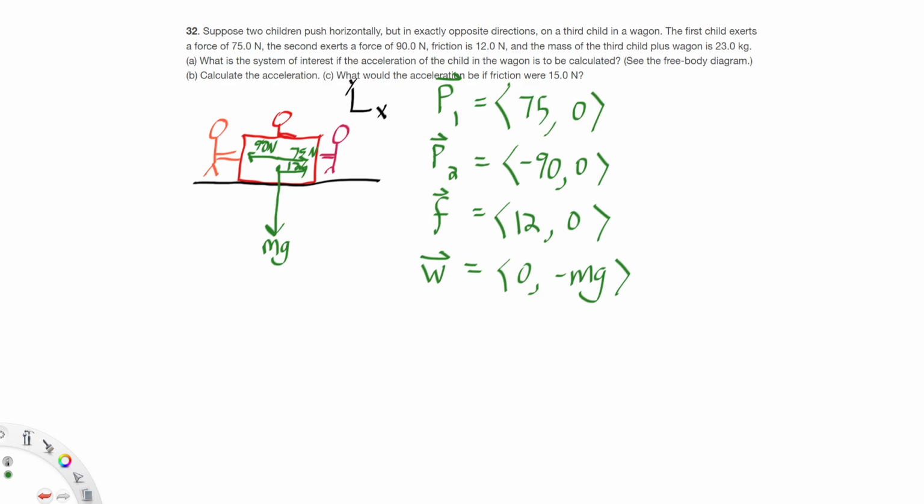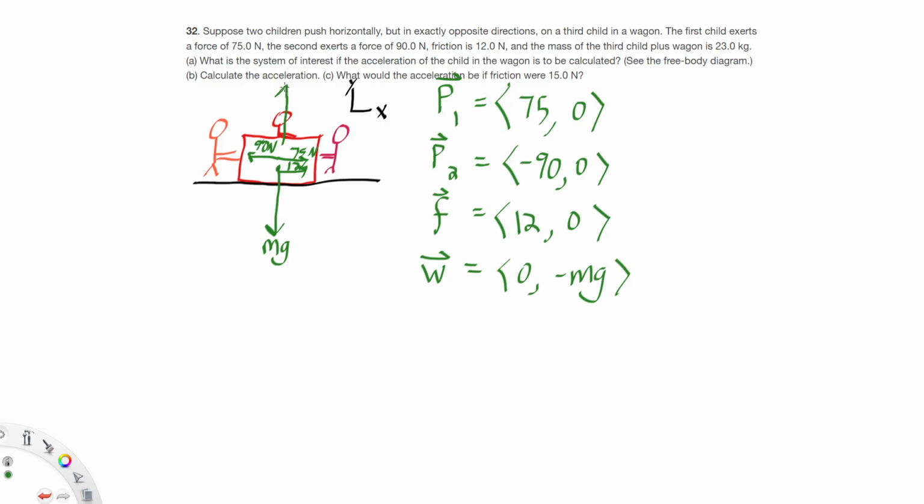Have we gotten all of the forces involved in this situation? All of the forces on the cart, I should say. McHenry, you are correct. We have not written down the normal force yet.